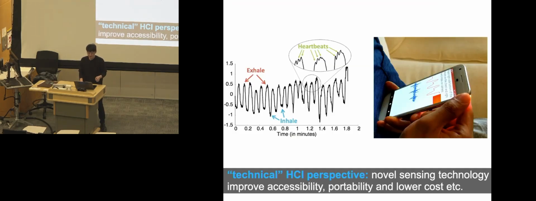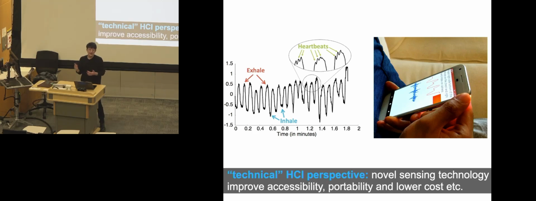So different from that, what I would call the more technical HCI perspective, more relevant to this class, from an embedded system perspective, health sensing usually surrounds novel sensing technologies that improve accessibility, basically getting more people able to access those health sensing techniques, as well as portability, which means you can carry them around outside of the clinic.